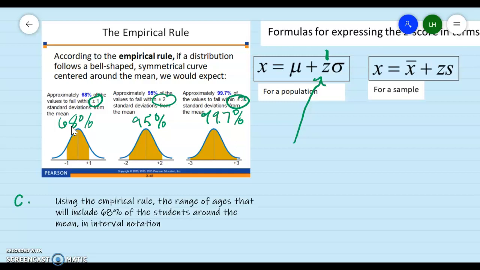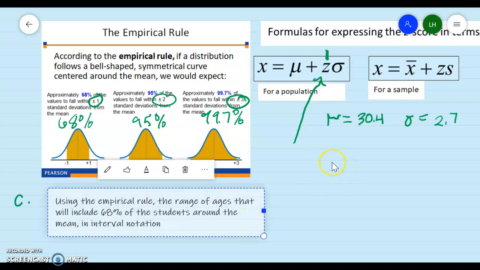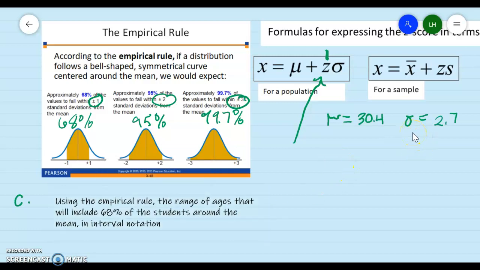So what we're going to do is plug everything into our formula, what mu is and what the standard deviation is. Mu and the standard deviation were given to us. All we had to do is figure out that Z is 1. 68% of the values are going to fall within one standard deviation.